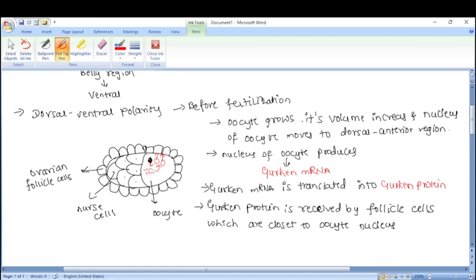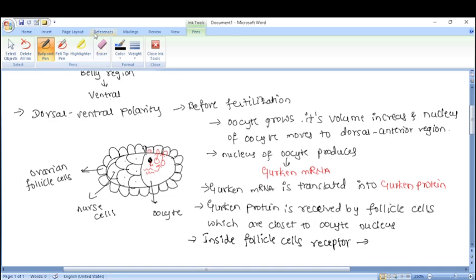And inside these follicle cells, there is a receptor present.